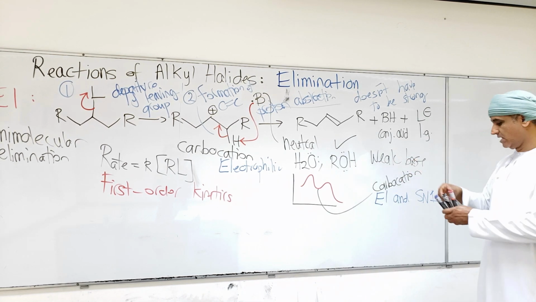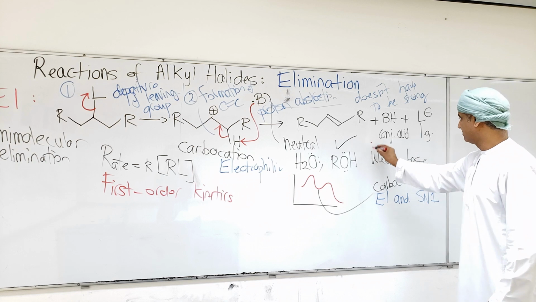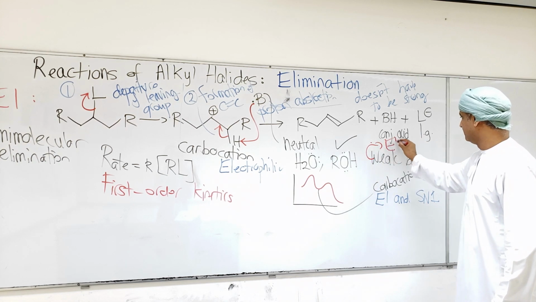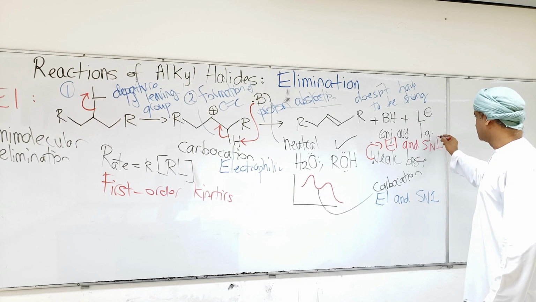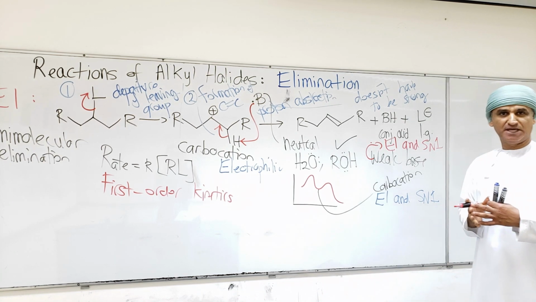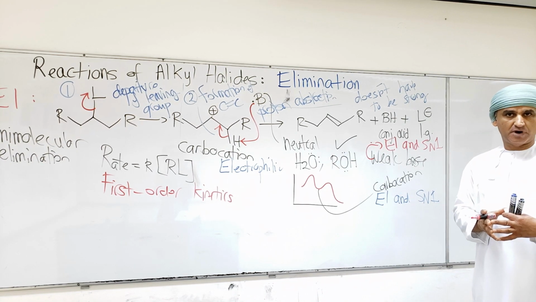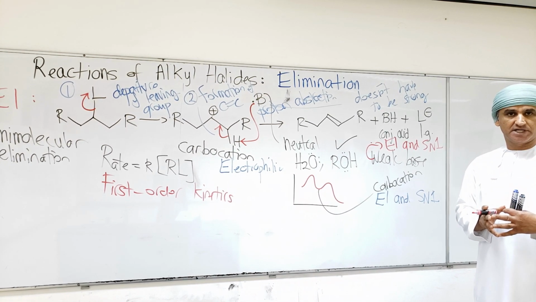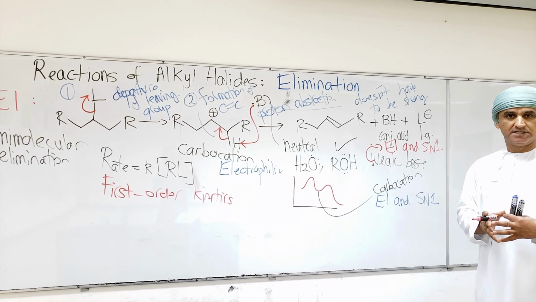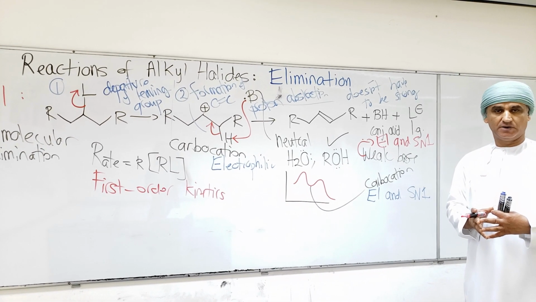Weak bases will do E1 and SN1 at the same time. So it's not surprising to get a mixture of a substitution product and an elimination product if a tertiary alkyl halide is treated with a neutral nucleophile or a weak base.